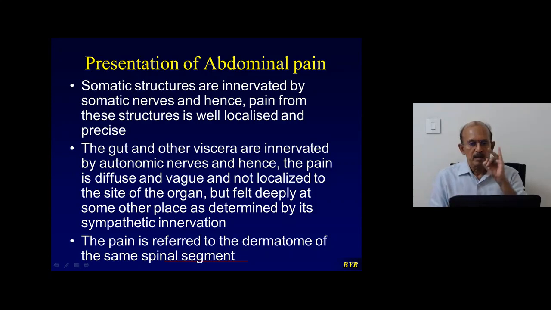Spasm, distension, stretch of the mesentery, ischemia, these only produce pain in the viscera. Number one. Number two point to note is the pain is not felt in the place of the organ. The pain is felt somewhere else. Where? Over the dermatome of the same spinal segment. That point I am going to describe now.